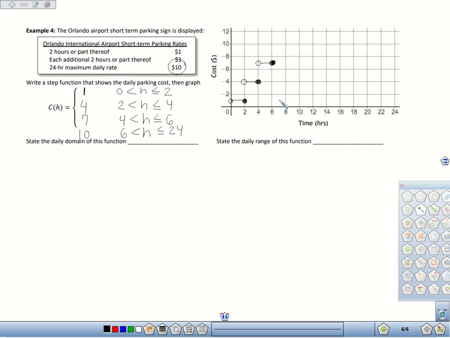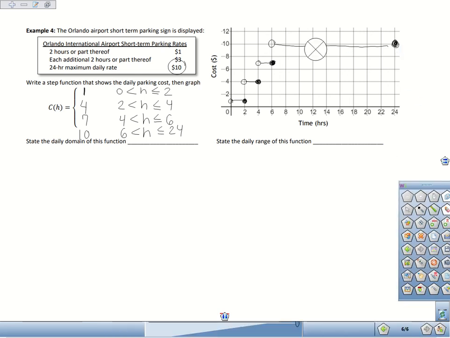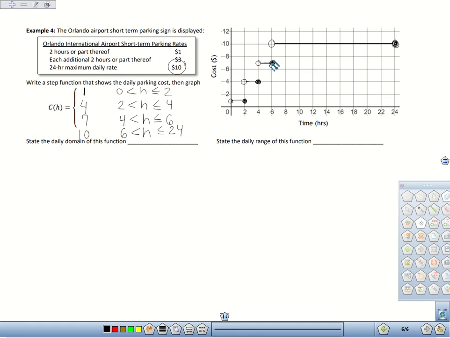So at 10, from 6 hours all the way to, I should have drawn that line better. I'll fix it. For 24 hours, that's going to cost you $10. So this one's one of those you kind of have to think about for a second.